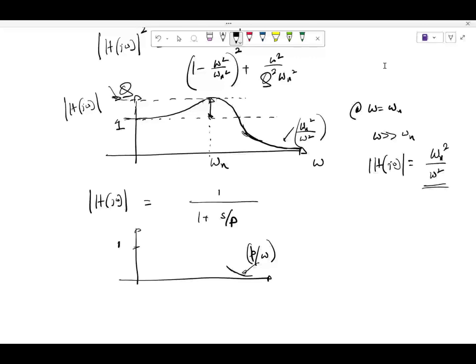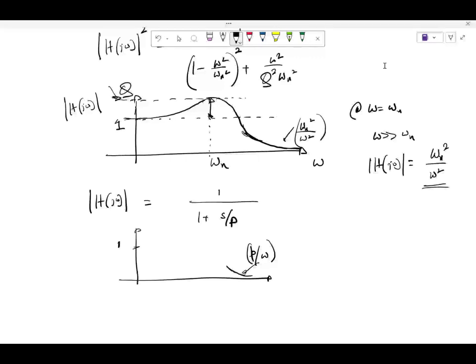Now as you go from DC to higher frequency, the deviation will start to become higher and higher, correct? So that we understand intuitively. Now the question is, using a first order circuit, can you ever have a peaking in the transfer function of more than 1?